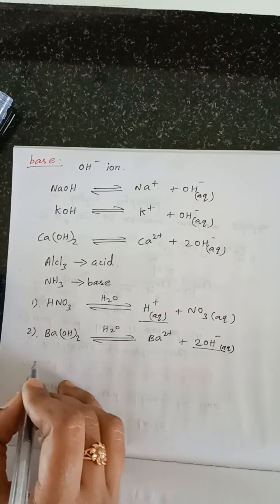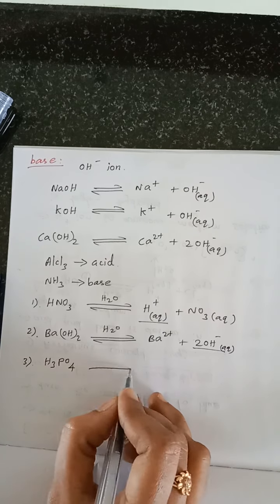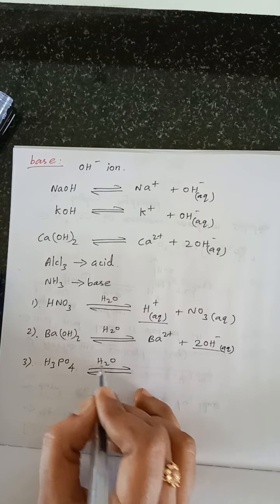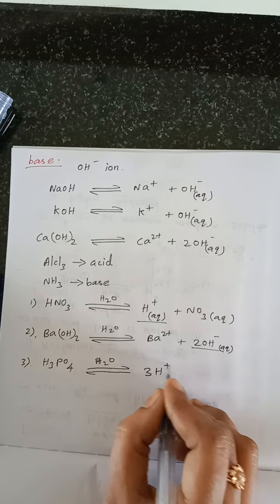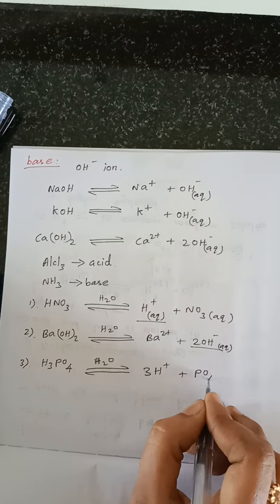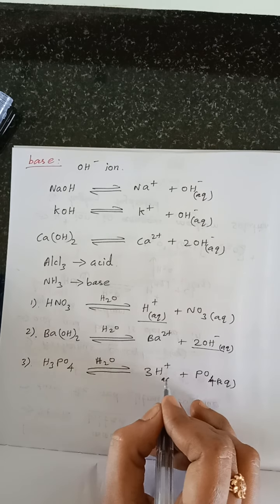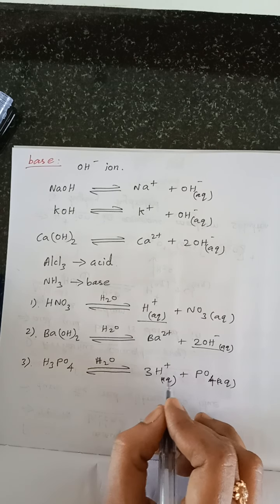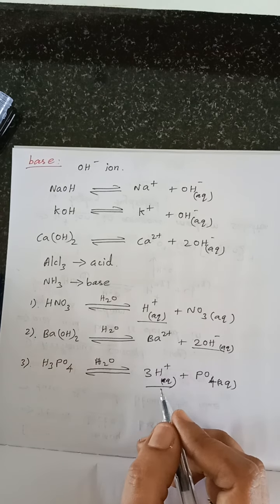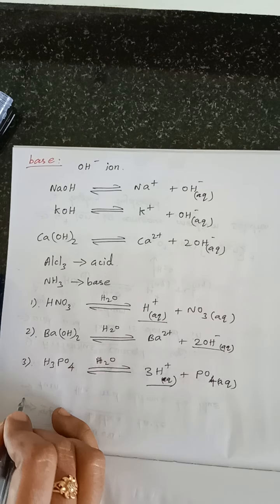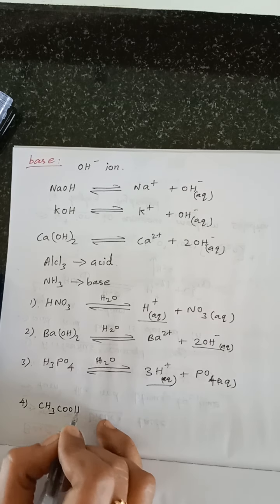Then next, phosphoric acid, H3PO4. In the presence of water it forms 3H plus and PO4 3 minus in the aqueous medium, so an acid is formed. Then the next one, acetic acid, whose formula is CH3COOH.